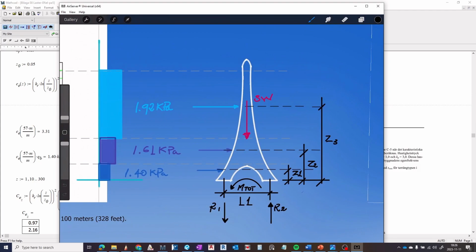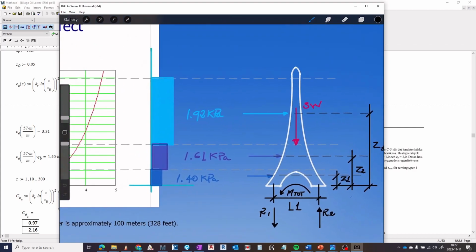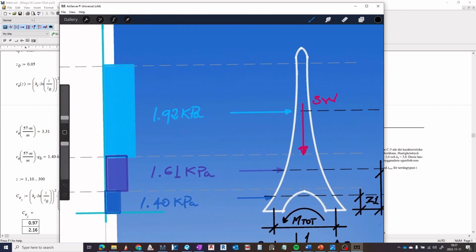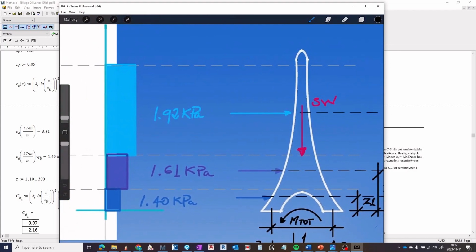Here is the tower. We are going to have three different levels, theta 1, theta 2, and theta 3. We are going to calculate R1, the reactions at the ground level, and the total moment. And how I get these forces at the different levels.